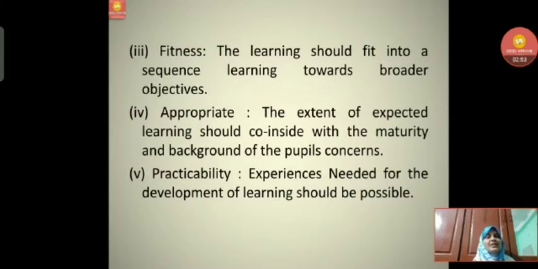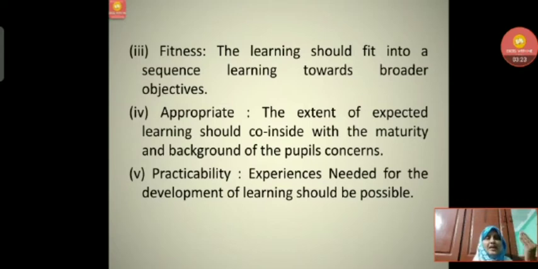Then fitness. The learning should fit into a sequence, leading towards broader objectives. That means first simple specific objectives are written to achieve broader objectives, and those should fit and be in a sequence. Connection should be there so that the learners understand properly what topic is taught to them.